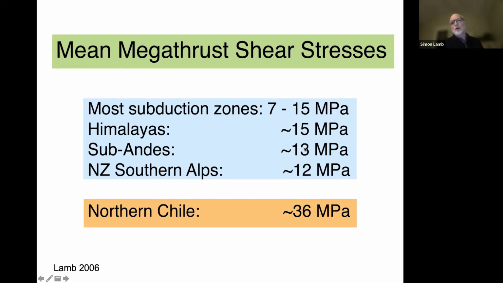If you go on the eastern side of the Andes, about 13. In New Zealand, some of the big faults there, about 12. So that's the typical average strength of faults in the crust. And as I say, in northern Chile, which is this outlier, perhaps nearly as high as 40 megapascals. But for most plate boundaries, these are the levels of stress that you're dealing with.